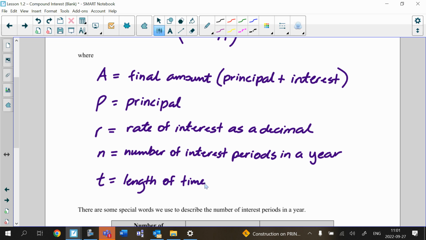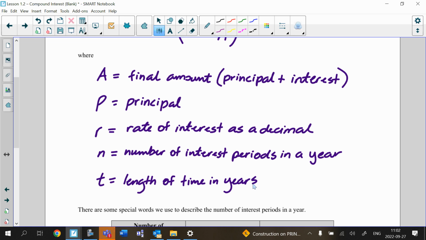So you got to read the question carefully to make sure you understand what values you put in for P, R, N, and T. P, R, and T we've already used, but N is a little bit tricky because sometimes it depends on the question.